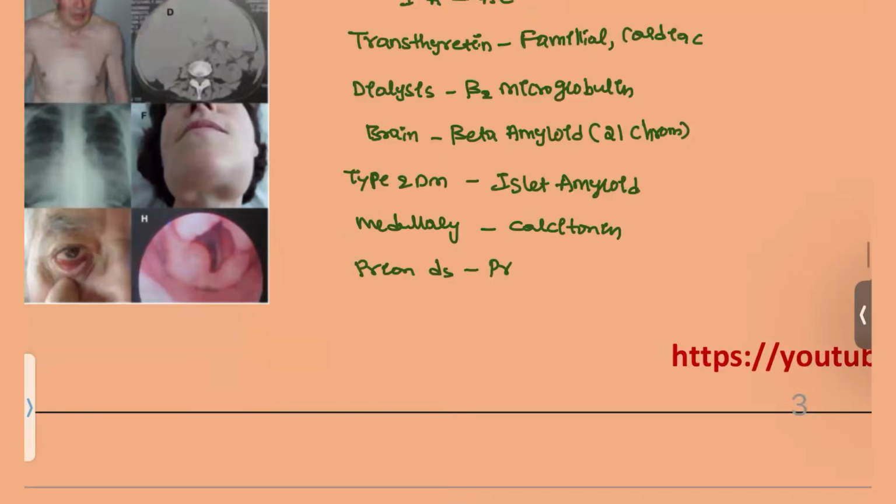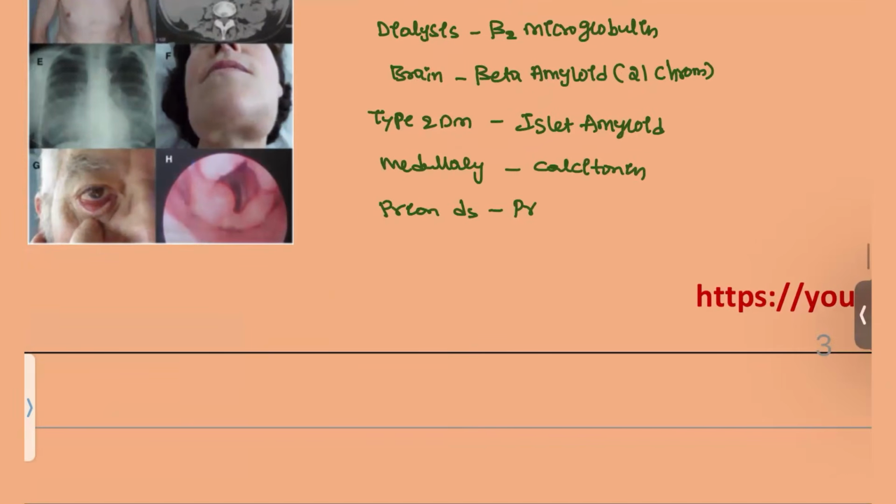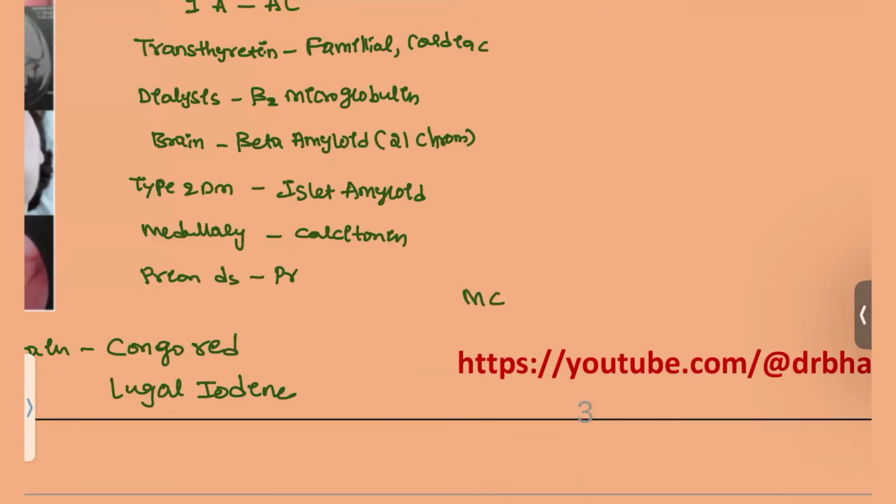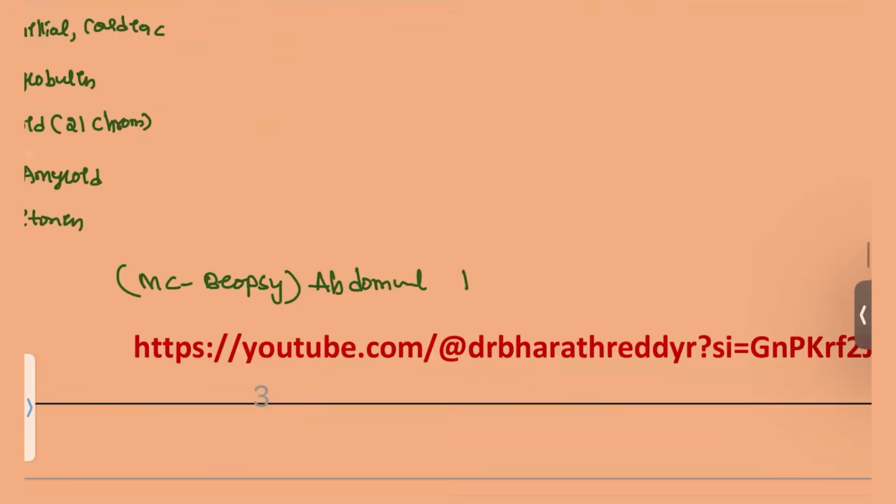What is the important one? The best stain for this is the Congo red with polarizing light. Commonly we use Lugol's iodine. Most common biopsy spot for this patient is the abdominal fat.